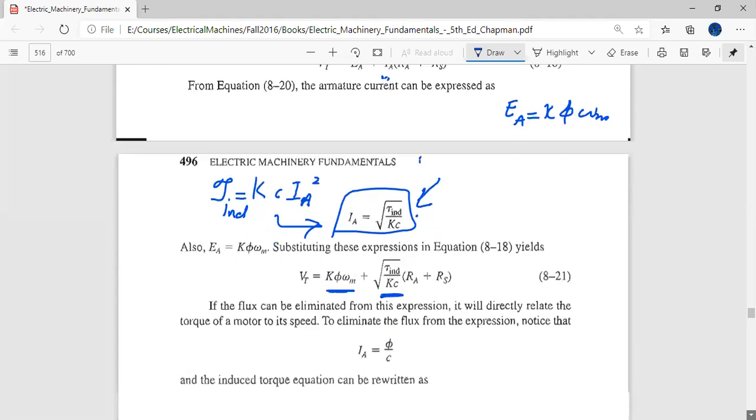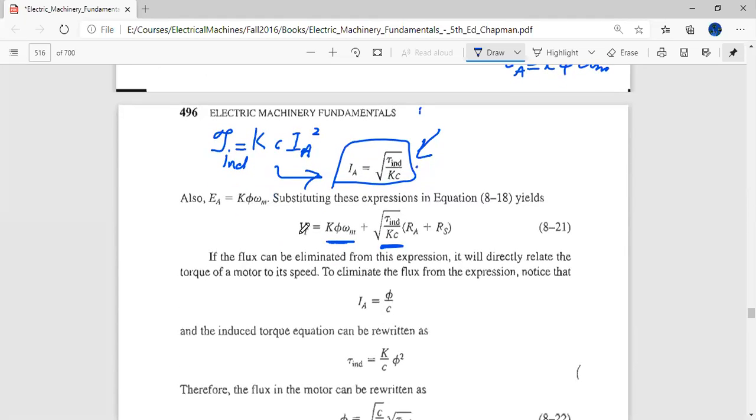Okay, so this again looks like a relationship between omega m and torque, but the only problem is I want to isolate my omega m on the left hand side, and I want my torque variable on the right hand side.